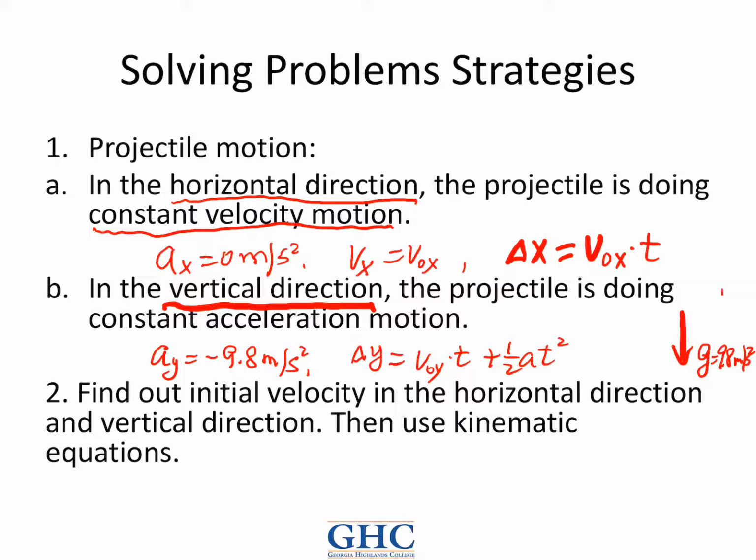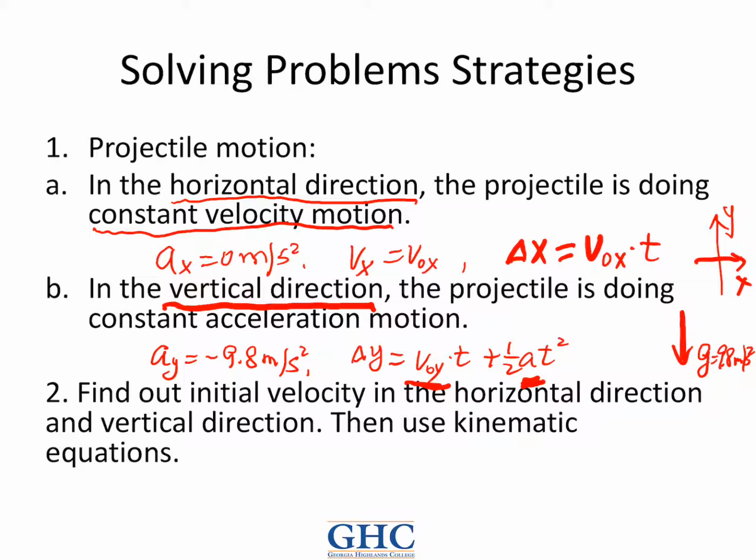Now if you choose up to be the positive direction in y, then your acceleration g is negative. So here, be careful about the sign. If we always choose up to be positive, then an initial velocity pointing up is positive, and if it's pointing down, it's negative.